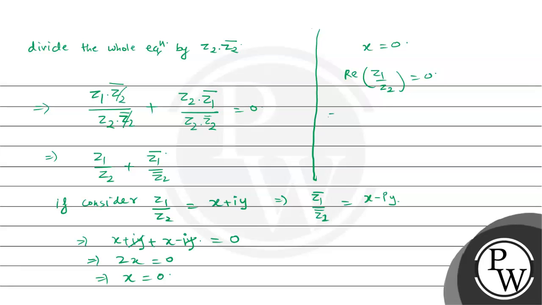This implies z1 by z2 is a purely imaginary complex number. So this is what we had to prove, which we have proved now. z1 upon z2 is a purely imaginary complex number. I hope this solves your question. Thank you so much.